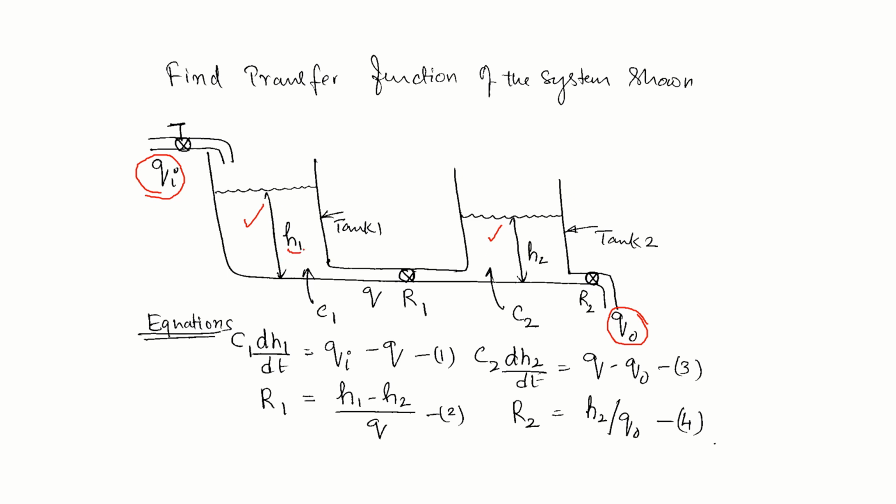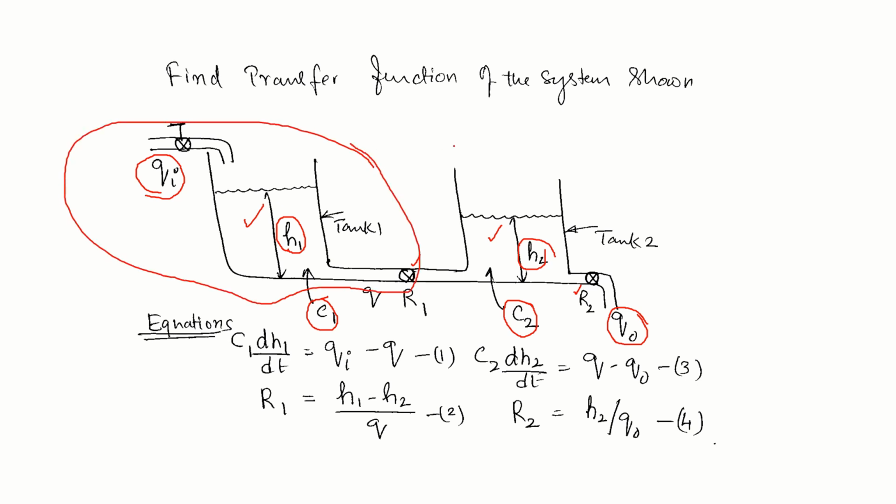Let us say H1 is the change in head in tank 1, C1 is the capacitance of tank 1, R1 is the resistance between tank 1 and tank 2, H2 is the deviation in head of tank 2, C2 is the capacitance of this, and R2 is the resistance here. Now I can write the equation first considering tank 1, then considering tank 2.